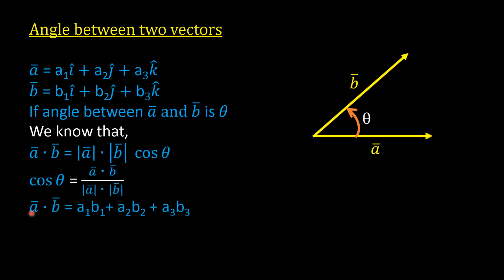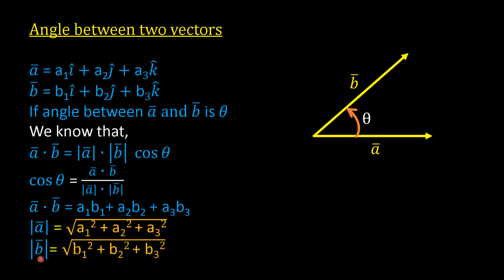Now, a bar dot b bar will be a1 b1 plus a2 b2 plus a3 b3. Mod a bar will be under root a1 squared plus a2 squared plus a3 squared. Mod b bar will be under root b1 squared plus b2 squared plus b3 squared.